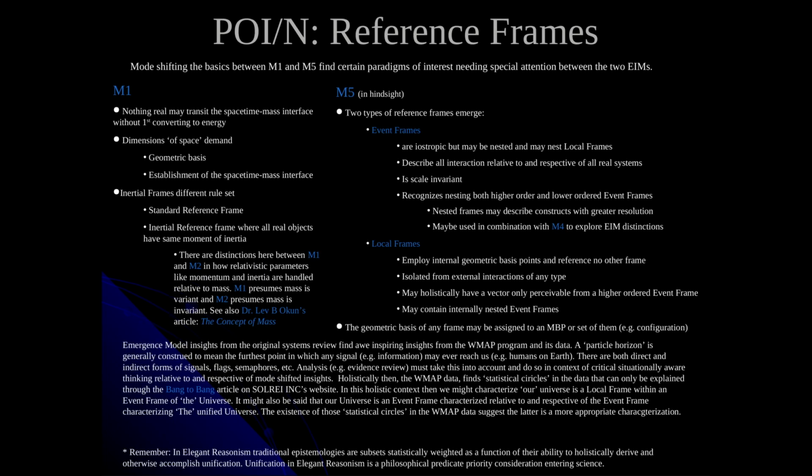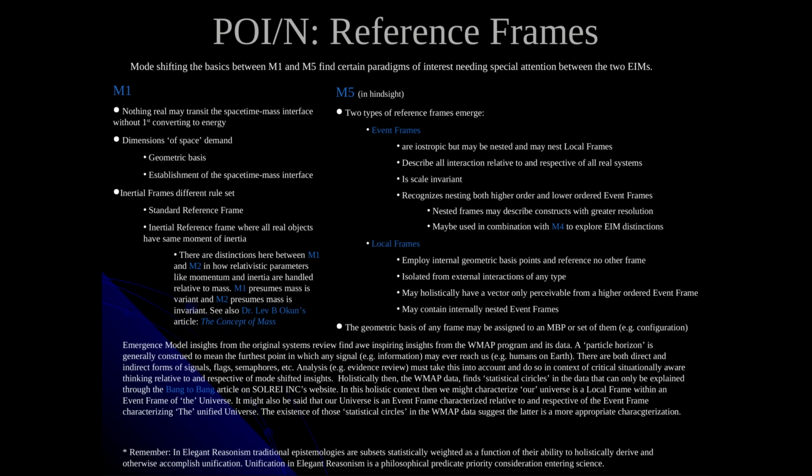If we list the reference frames as one of the paradigms of interest or of nature that we want to mode shift across the M1 to M5, it's a great example of something that superficially looks straightforward and simple, but is anything but that.